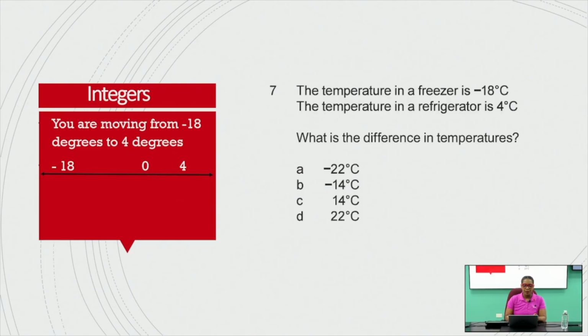What's the difference? Moving from negative 18 to 0, that's 18. And then from the 0 to the 4, that's 4. So 18 plus 4 is 22. So your correct response here would be 22 degrees difference. And that would be option D.